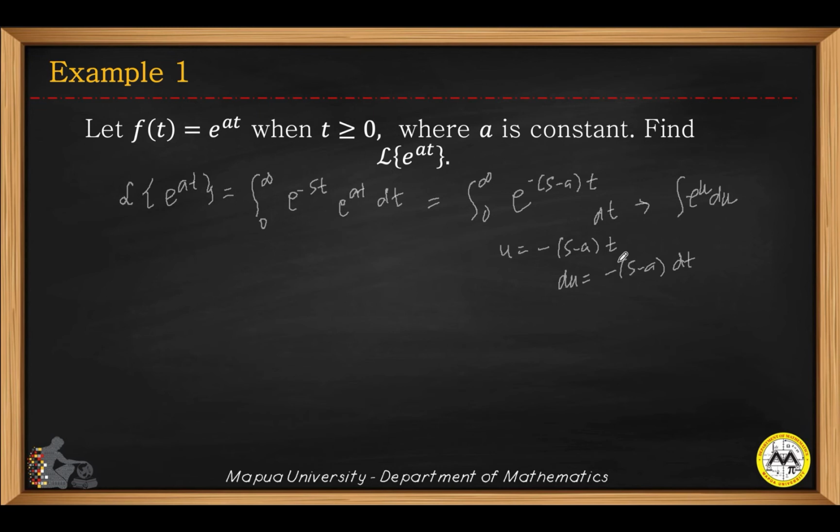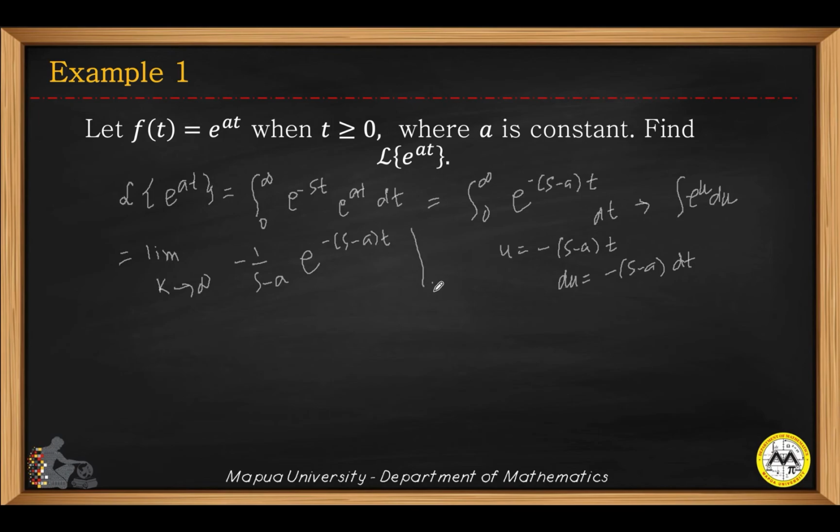The reciprocal of this will be your integrating factor. Now since this is improper, we take the limit. Let's introduce a variable here, k approaches infinity. Now the integral is negative 1 over s minus a. This is the correction factor. The integral of e to the u is e to the u, so just copy.